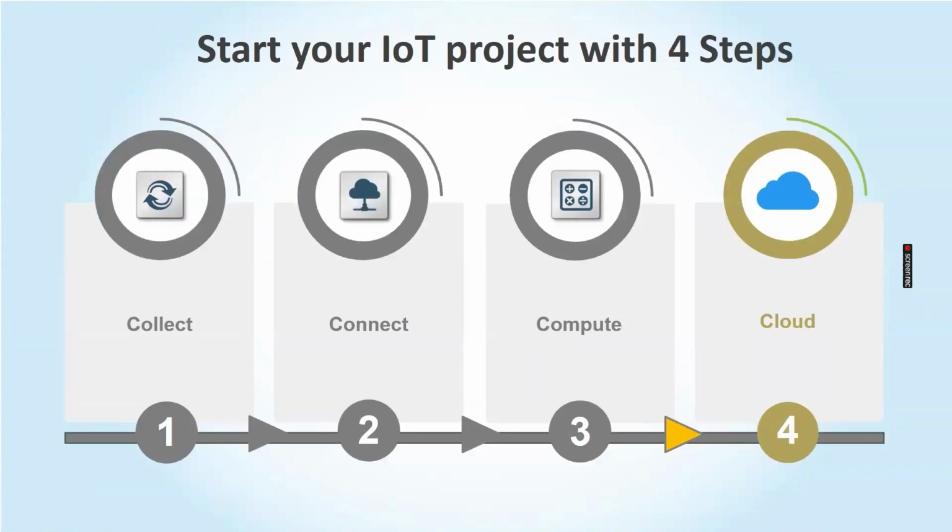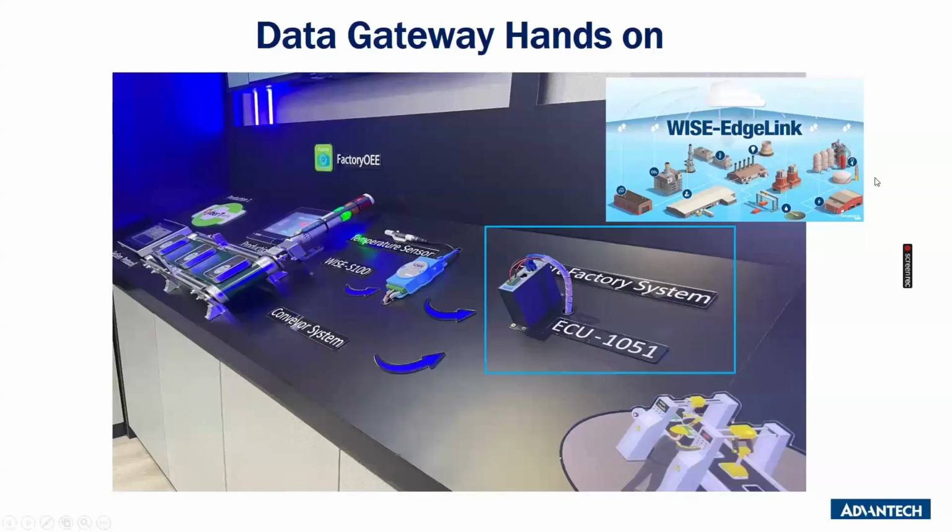For the cloud session, I will do some demo first before I proceed to the content of the iFactory cloud. For this demonstration, I'm using the ECU series, which I assume everyone is familiar with, as it was introduced in the previous session.